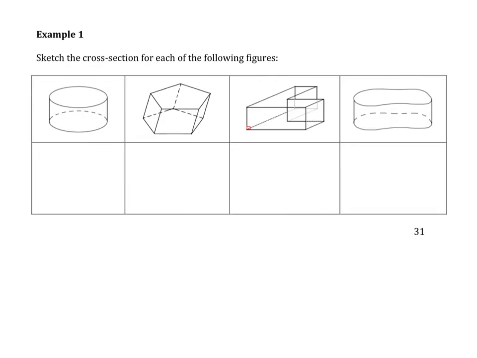So we're asked to sketch the cross-section for each of the following figures. So we're going to take the slice that's parallel to the base. So I'm essentially drawing a copy of the base. I have a pentagon face. So basically that's what I'm going to draw as the cross-section, to the best of my ability, of course.